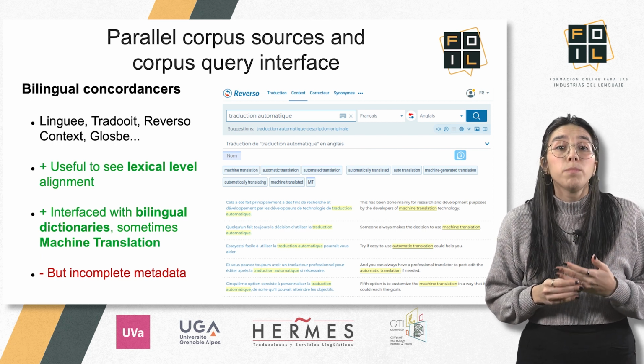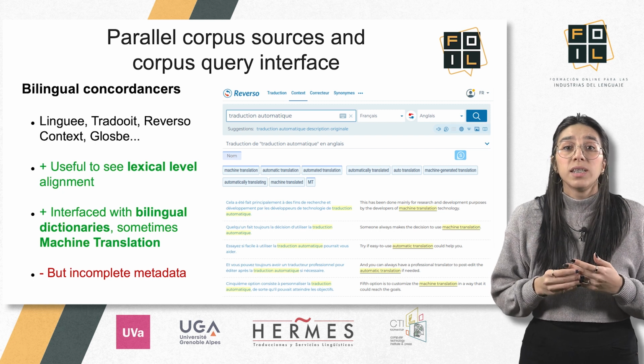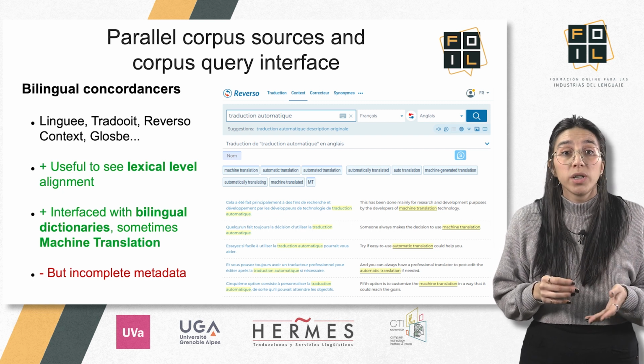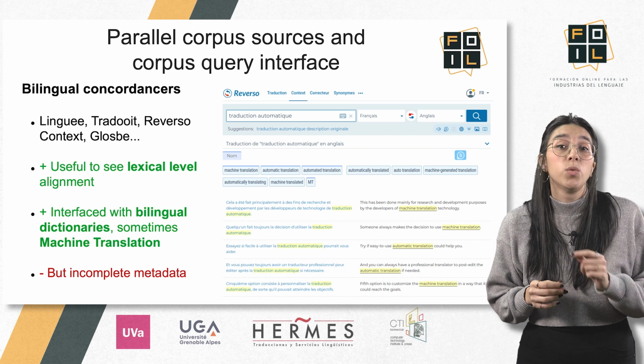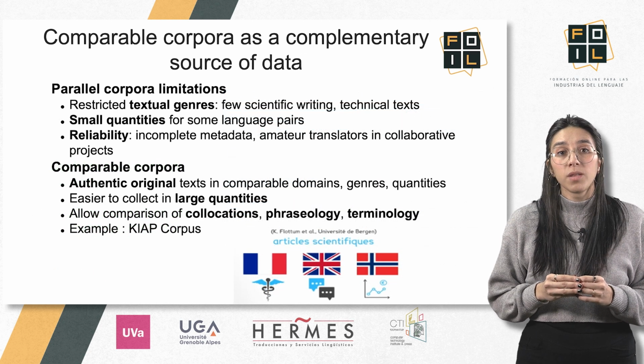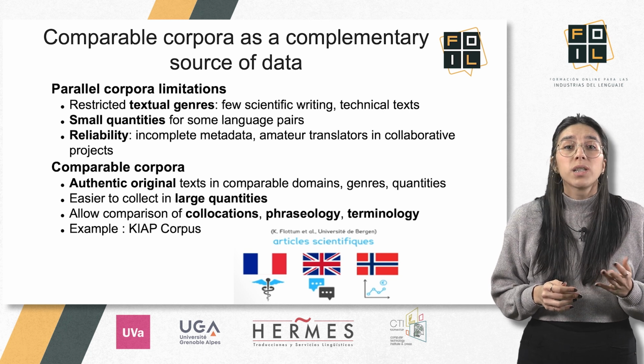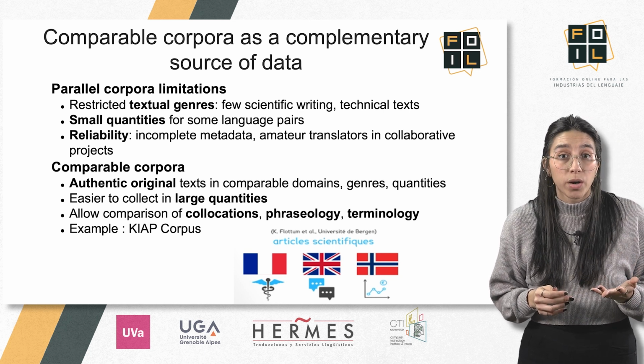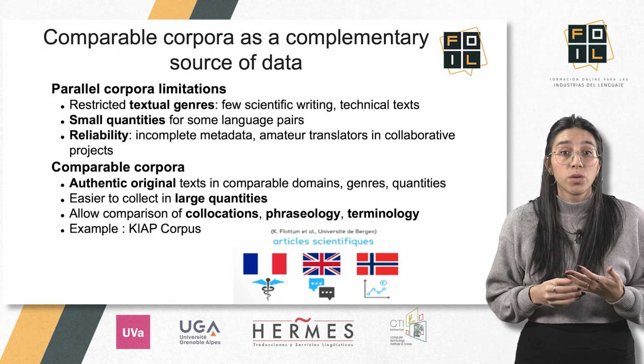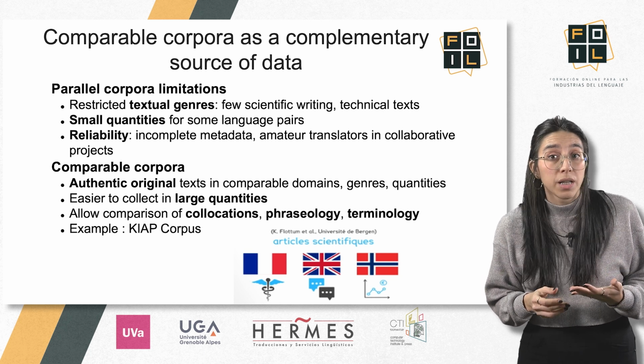Some corpora can be searched directly online, such as on the TREQ, OPUS Project or Lexicoscope 2.0 sites. There are also bilingual concordances for the general public, which can be used to query parallel corpora such as Linguee, Reverso Context, Tradooit, and Glosbe.